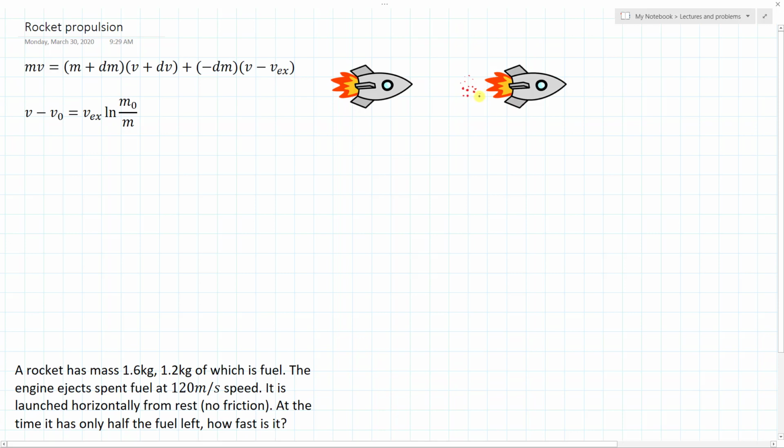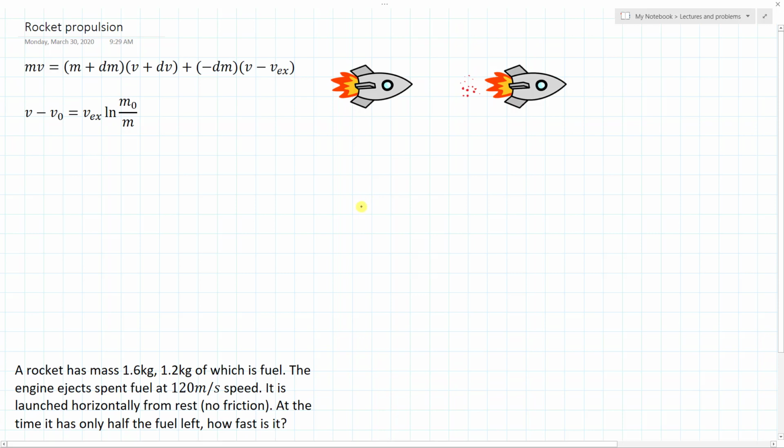So the rest of the rocket is a bit less heavy compared to before, because it has lost some mass. Before, both the rocket and that fuel are together moving at the same speed. Later, they're moving at different speeds, and this one has a little bit less mass. This one has the rest of that mass.